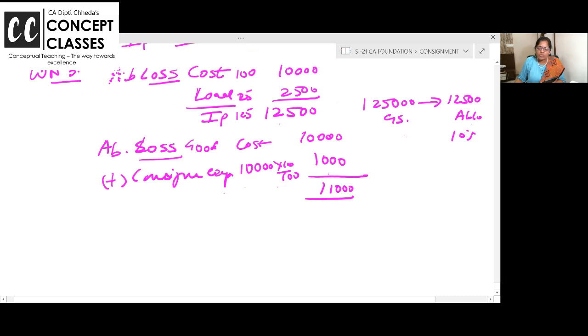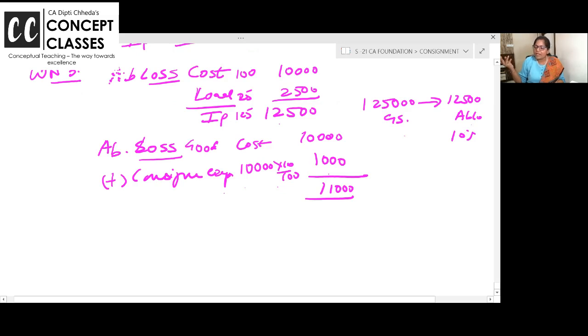There is nothing from the insurance company. Insurance company paid 12,000. Okay. Net of salvage, the insurance company is paying 12,000 to them.